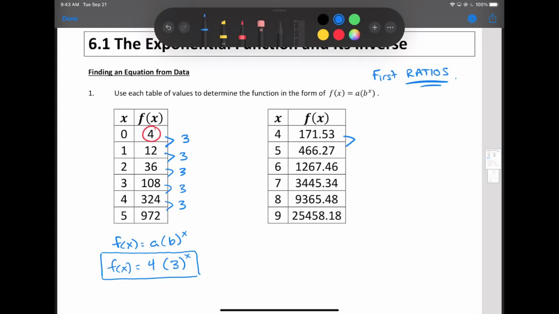And remember, we're dividing the second number by the first, so 466.27 divided by 171.53, and we get 2.718. I think we actually get 2.7183, but we'll take that.